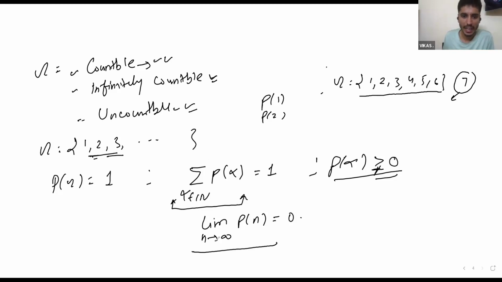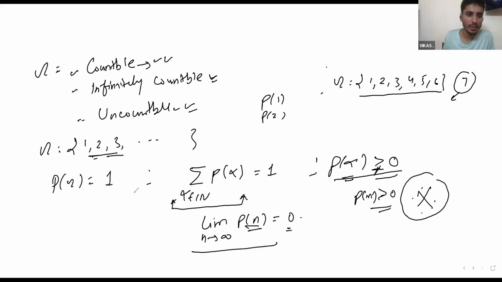But as n tends to infinity, it is going to 0, while I required that Pn be strictly greater than 0. So this contradiction comes because I tried to assign probability equally likely to each number. We cannot assign equally likely probability when we have this kind of set as omega.